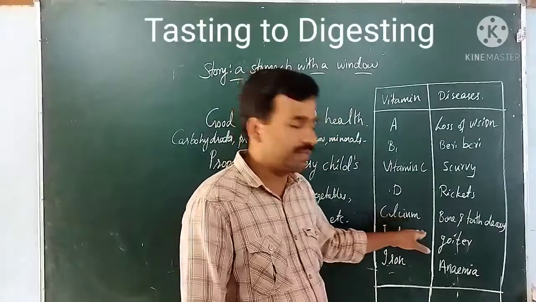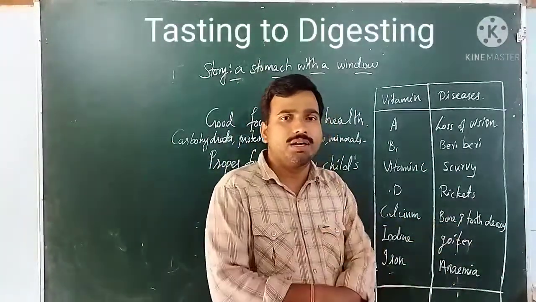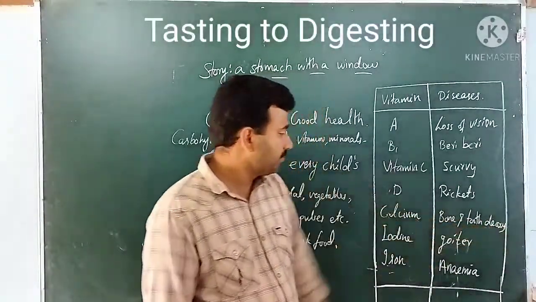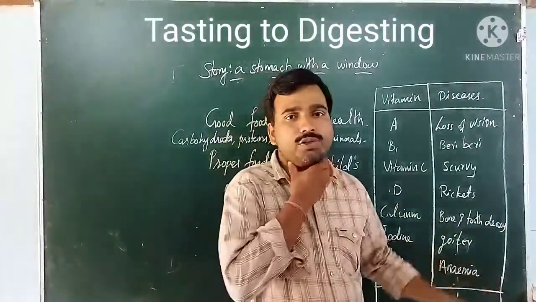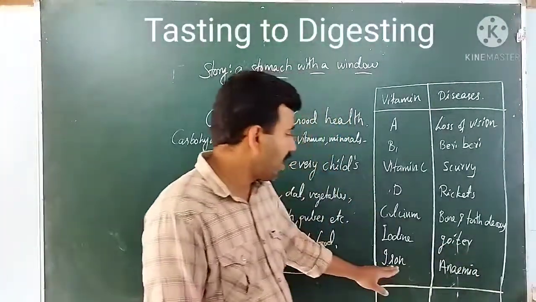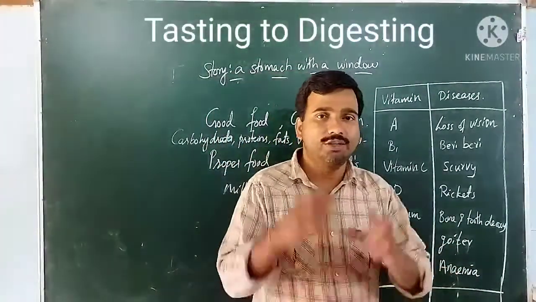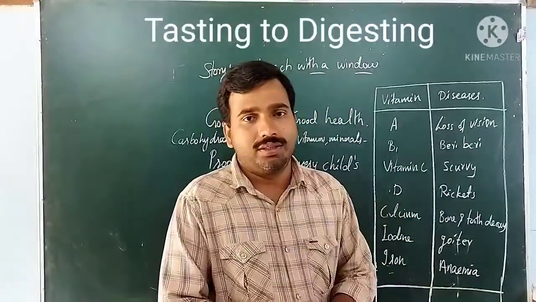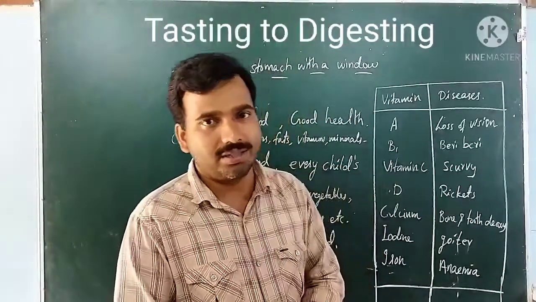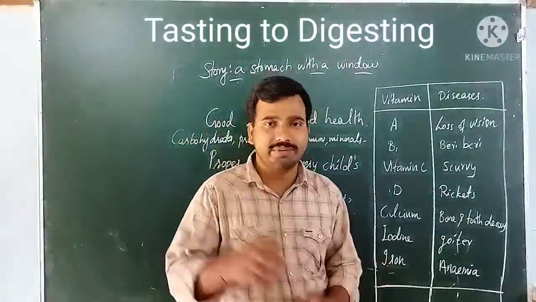Calcium deficiency affects our bones and tooth decay will start. Iodine deficiency leads to swelling of our neck, a disease called goiter. Then iron deficiency leads to anemia. The body will always feel very weak and tired. That's due to iron deficiency.